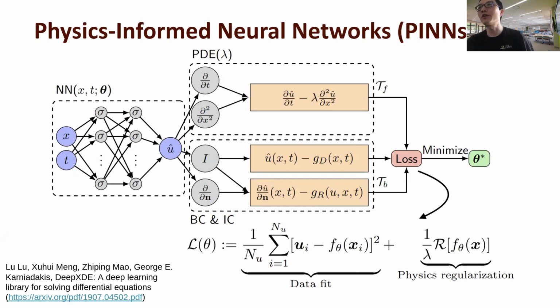plus some physical regulations, which will include your input data and initial data, and also be relevant to your boundary data. So the loss here is defined as the sum of the residue plus whichever constraints you have with your initial condition and your boundary condition.